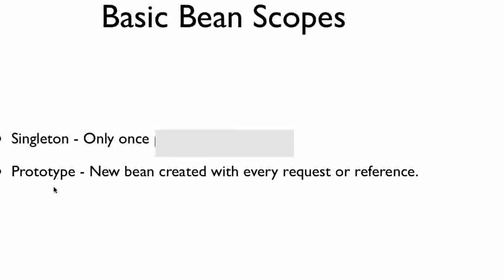Then what would happen is if another class made a call to the get bean and it passed the triangle ID, then the Spring container would create a new bean and then pass it to that class. So it's going to create new objects every time there is a get bean. So this is a prototype bean, and new beans are created with every request or with every reference.